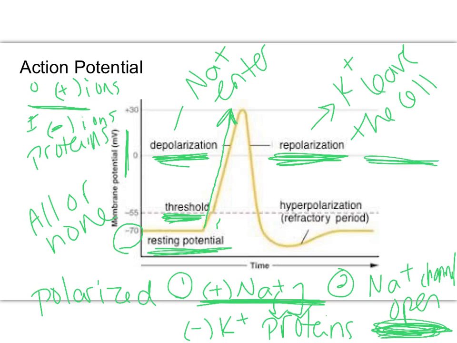The problem is the ions are in the wrong place. I've got sodium on the inside now with the proteins and potassium on the outside. And so eventually the neuron is going to have to completely reset that. Okay? And so the neuron will repolarize. So it's headed back down. Potassium is leaving. That's what's causing this repolarization.